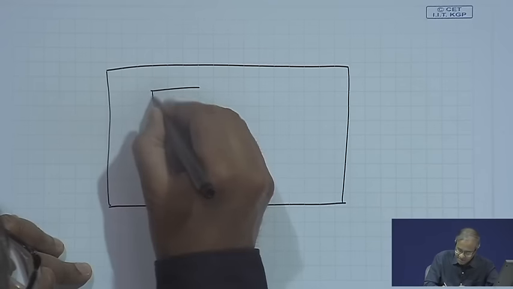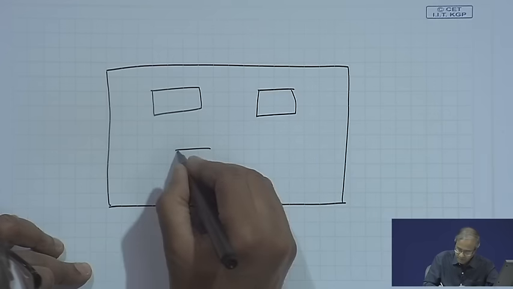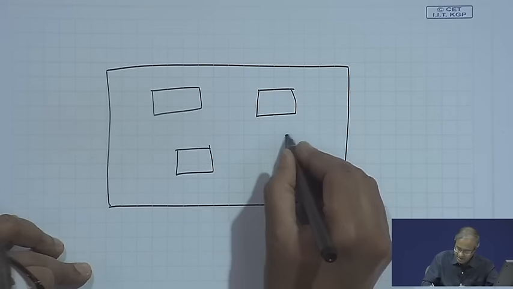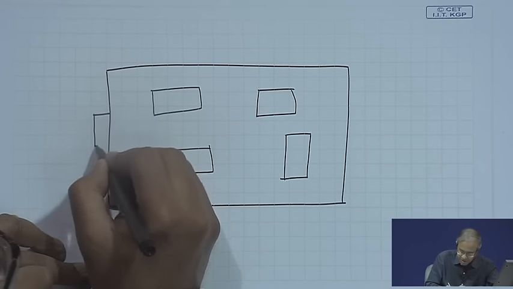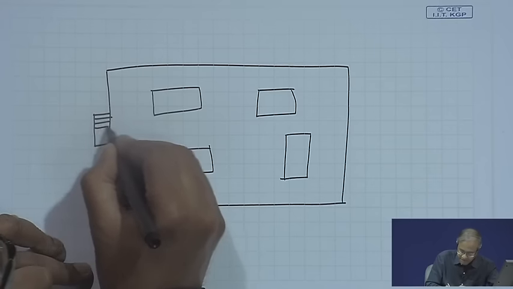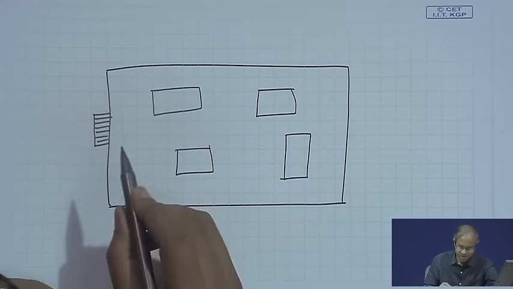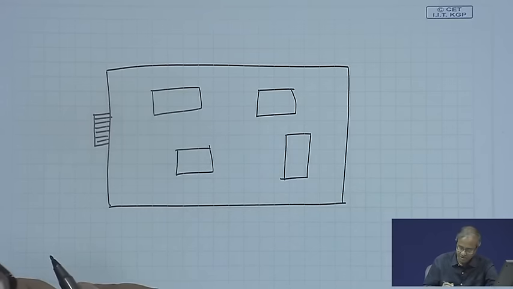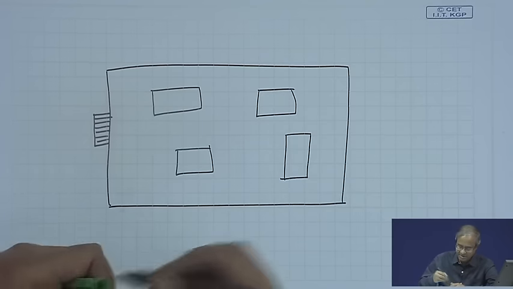There are several chips residing on the board, and on the edge of the board I have some kind of a connector through which I can feed some signals. Now, my question is, how do I test the individual chips? Now, the idea is something like this.